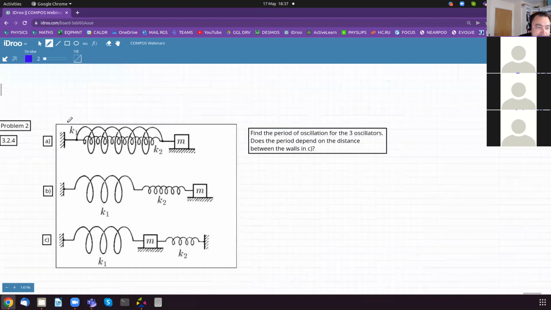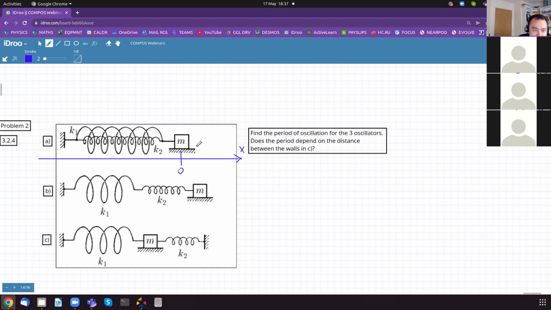Now, again here, what do we do? We direct the x-axis. We mark the equilibrium position, 0. We displace the mass by a small amount, x. Once it's displaced, we write down Newton's second law.